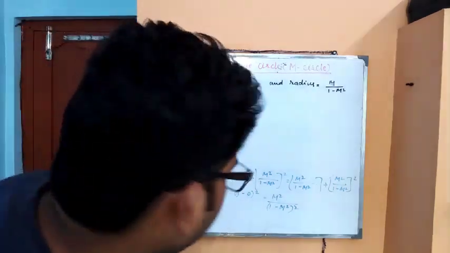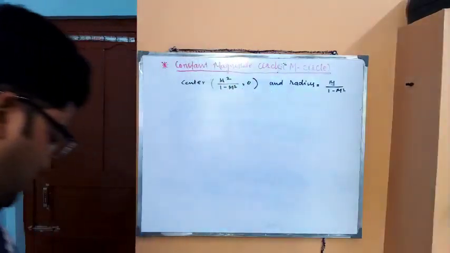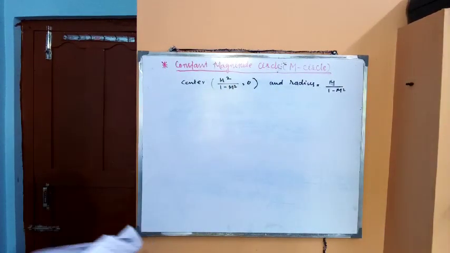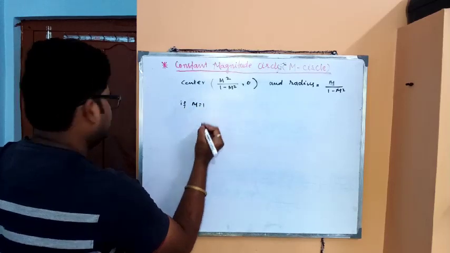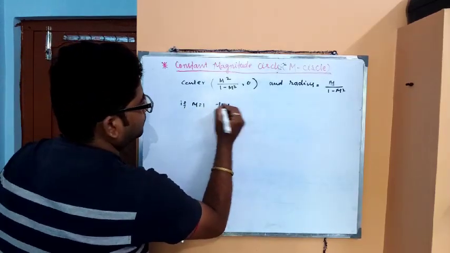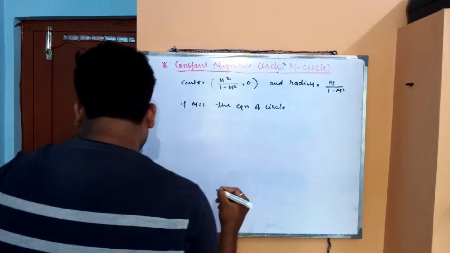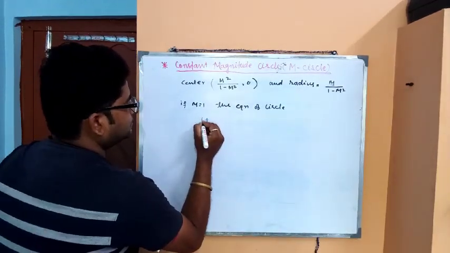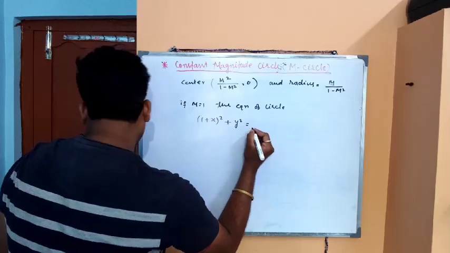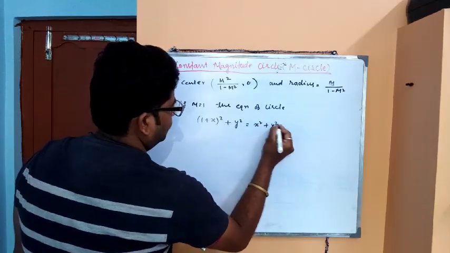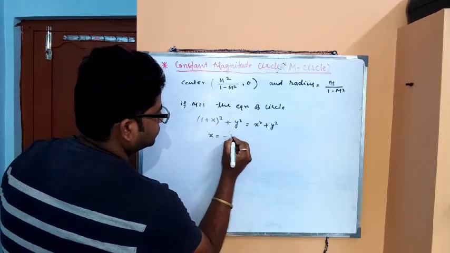Okay, now in the expression of circle, if we put m is equal to 1, then the equation of circle becomes 1 plus x whole square plus y square is equal to x square plus y square, and x is equal to minus 1 by 2.